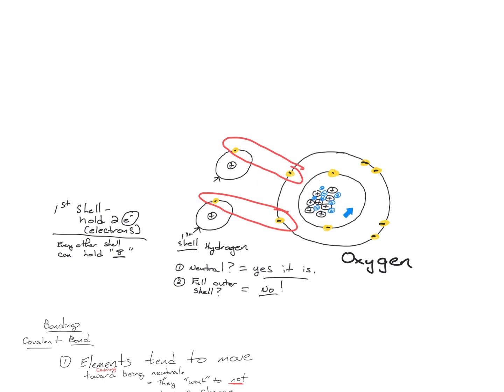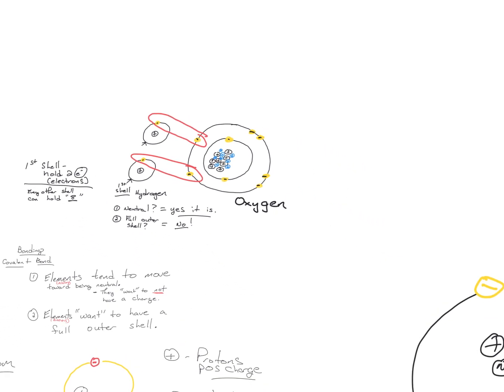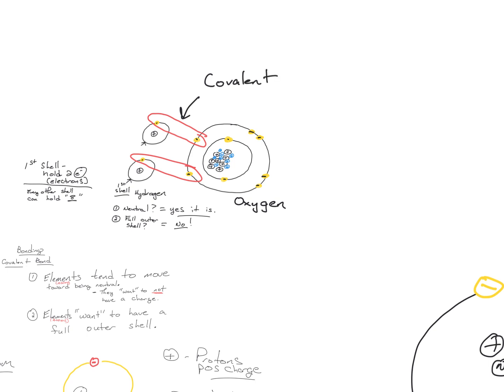So now let's take a look at oxygen. Let's count. 1, 2, 3, 4, 5, 6, 7, 8. 8 electrons in the outer shell, full outer shell, no charge. What do we call this thing I just drew? These are bonds. That's right. These are covalent bonds.